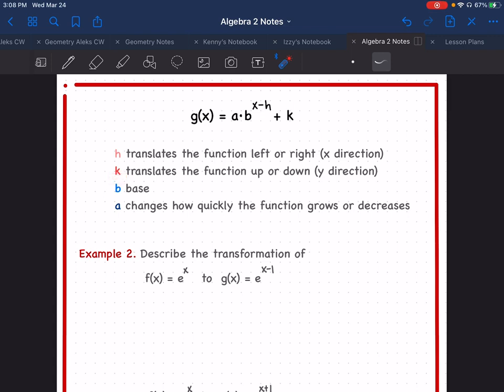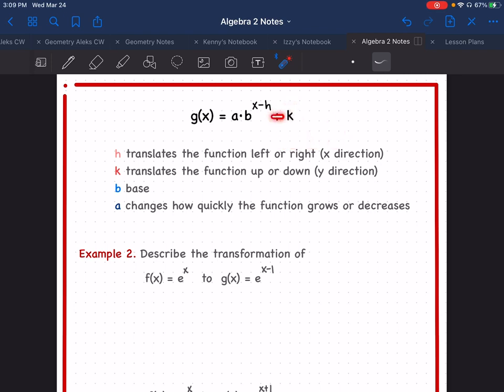K, which is after our variable x, is going to move my function up or down in the y direction. Since k is outside of the variable, it does what it looks like it does. So if it looks like +2, that means k is +2, and it's going to move my function up 2 units.